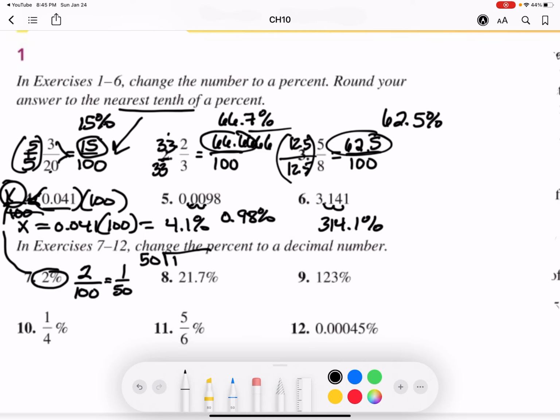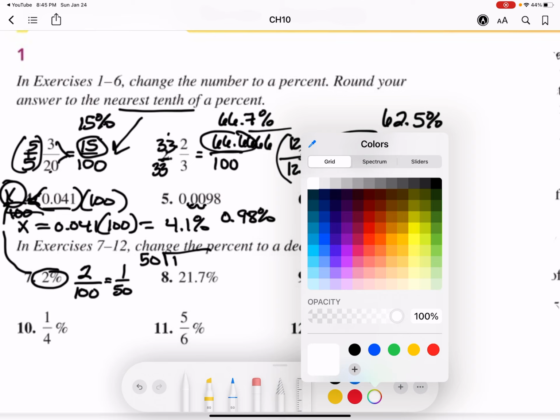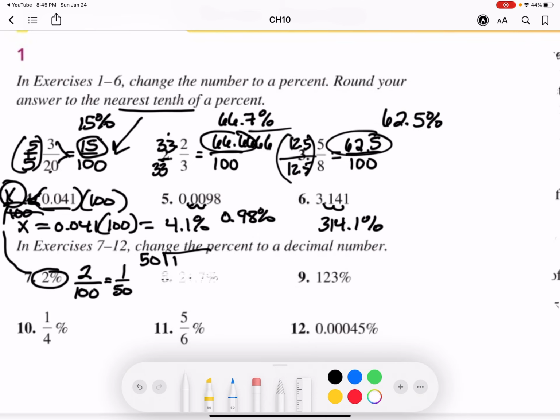Oops, sorry, let me get rid of this so we can work right here. There we go. So 1 divided by 50. We can't do that, so we need to borrow some more, and 50 doesn't go into 10 either.